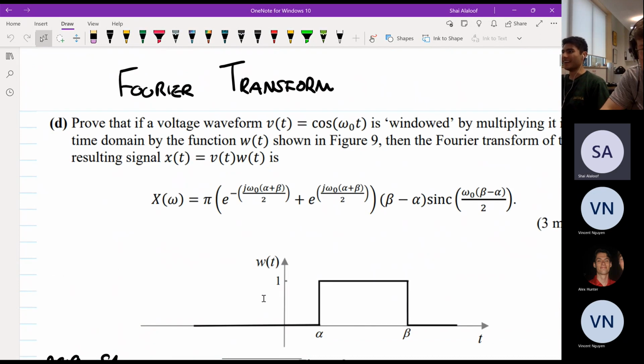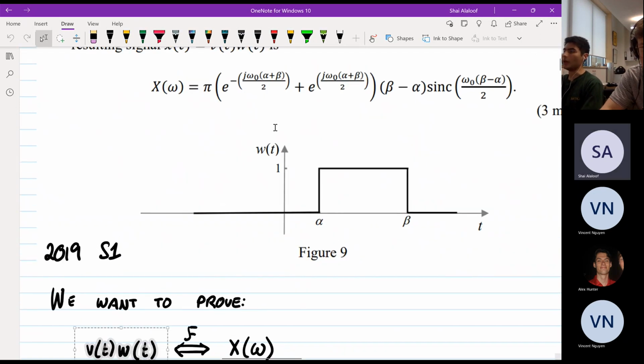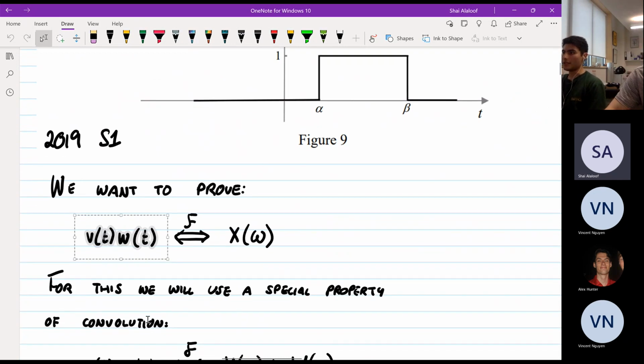Okay, so where do I start with this? We want to prove that when you multiply these two functions in the time domain and you Fourier transform that, you end up with this. Well, okay, we're going to see what we end up with. For this, we need to use a special property of convolution. I don't know if Julian has talked to you guys about this, but with convolution, a multiplication in the time domain is equal to convolving in the frequency domain, and vice versa.